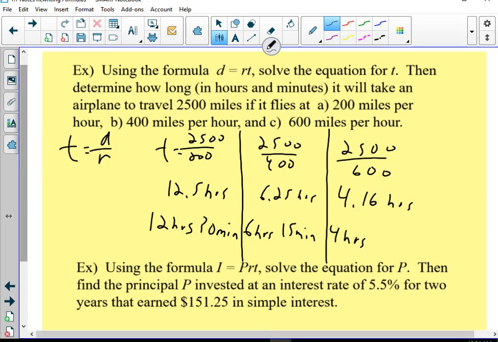What's 0.16 times 60? 0.16 times 60, 60 minutes, 0.16. 9.6? So about 10 minutes. Approximately, rounded.